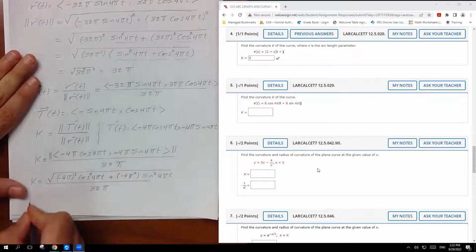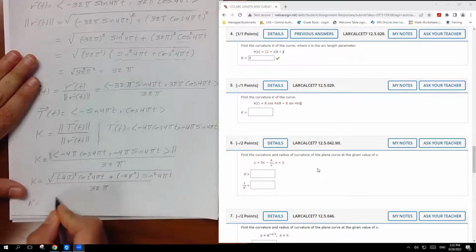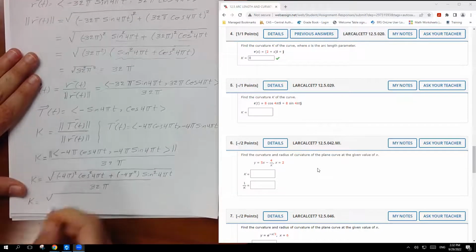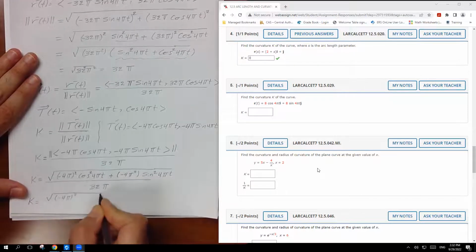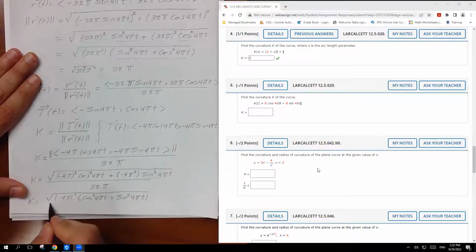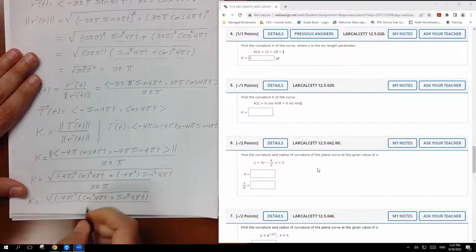So next step, k is going to be the square root of negative 4 pi squared as a common, and here's the cosine squared 4 pi t plus sine squared 4 pi t, and everything is over 32 pi.